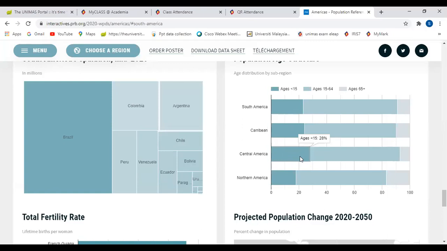So kalau kita menggunakan kriteria yang kita gunakan awal tadi, when it is more than 28%, that is considered as melebihi 28%, ya. It's quite high, ya. Tetapi yang tua ni sikit saja, 7% saja, right?